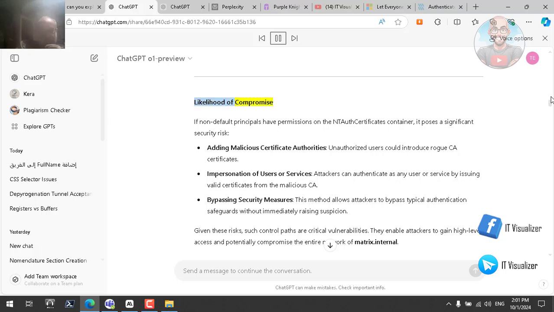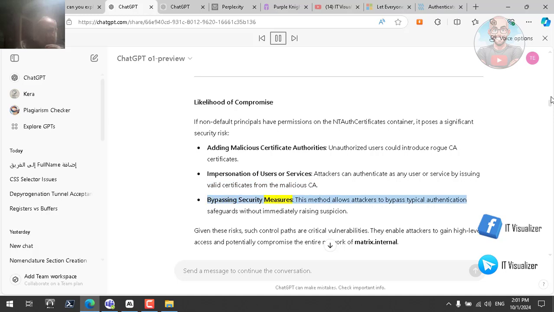Likelihood of compromise. If non-default principals have permissions on the NTAuthCertificates container, it poses a significant security risk. Adding malicious certificate authorities. Unauthorized users could introduce rogue CA certificates. Impersonation of users or services. Attackers can authenticate as any user or service by issuing valid certificates from the malicious CA.